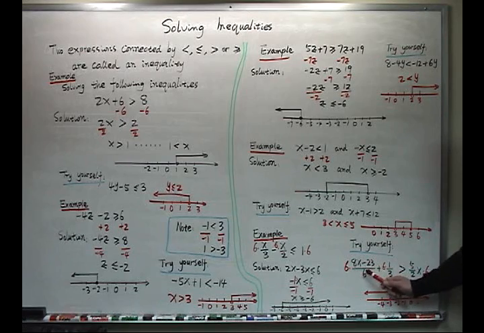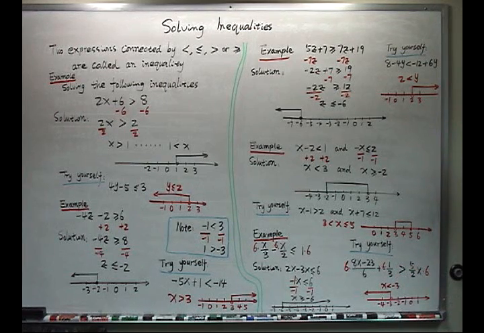8x minus 23 divided by x plus 1/3, and then greater than 5 halves times x. Okay? So in this case, the LCD is still 6.